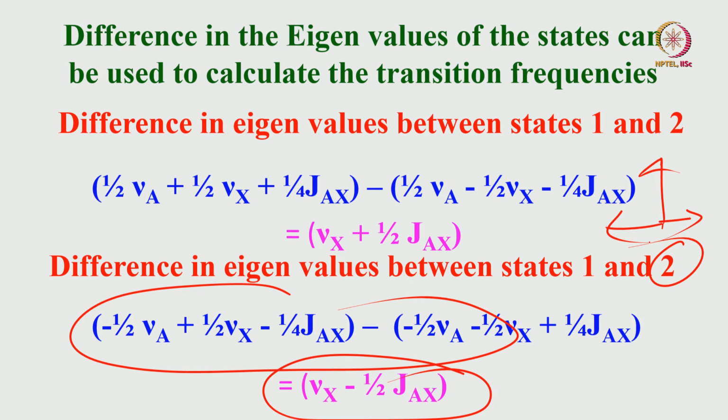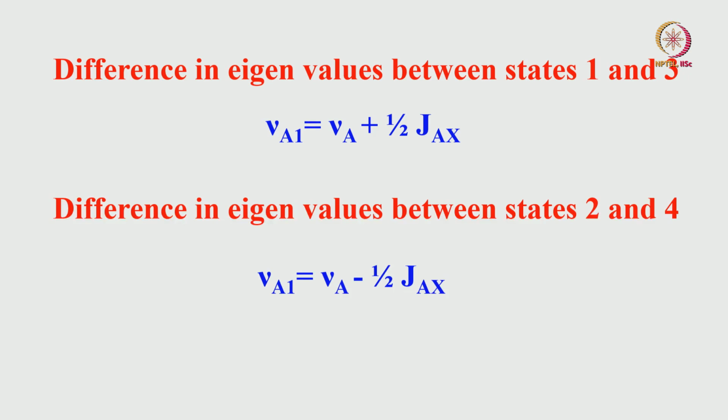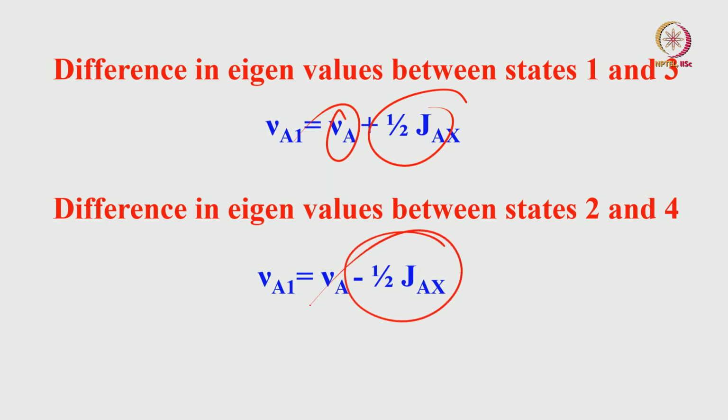There are two frequencies for the X spin. Similarly, you can calculate for 1 3 and 2 4: one is plus half J AX with respect to A, the other is minus half J AX with respect to A. One gives a chemical shift of A plus half of J AX, the other a chemical shift of A minus half of J AX. So, essentially what happened?